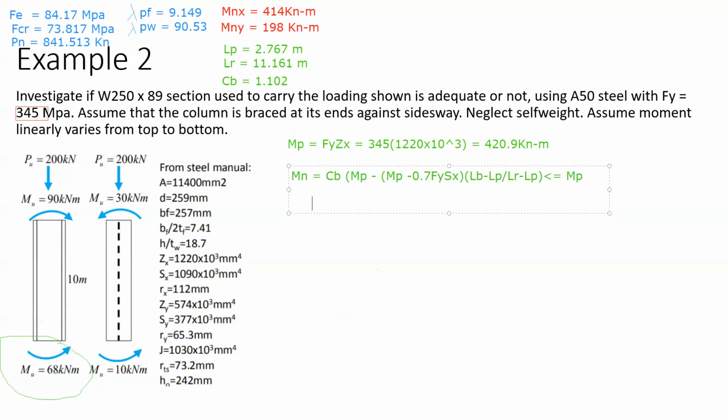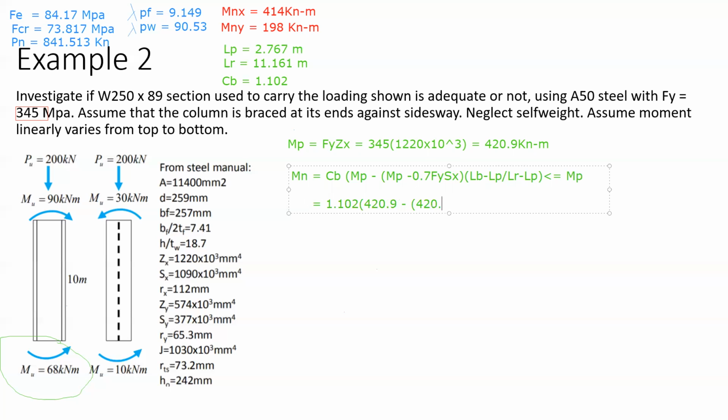So let's solve for MN. CB natin here is 1.102. MP natin is 420.9. Ito yung kakasolve lang natin.